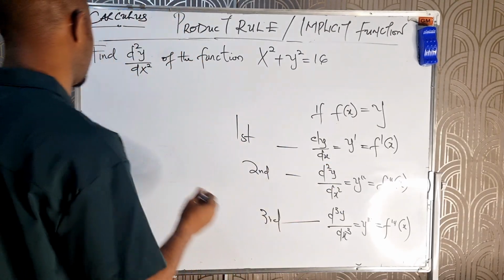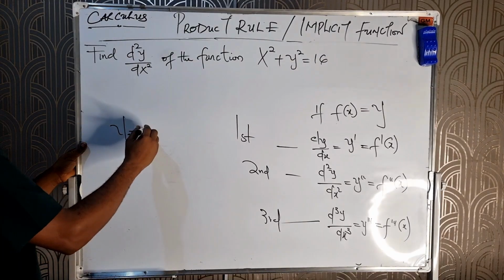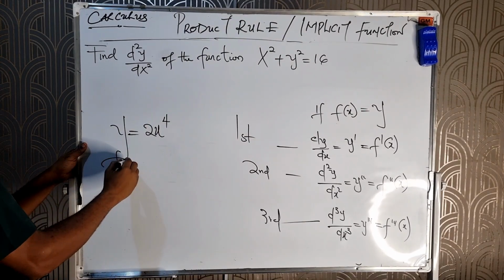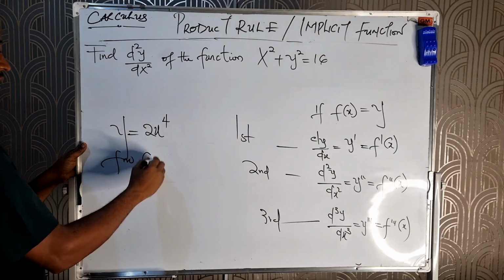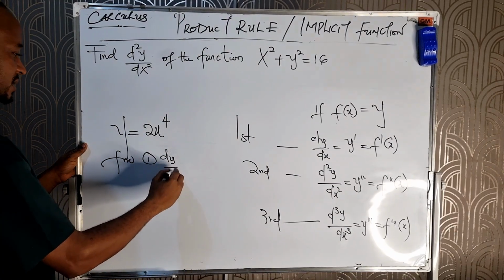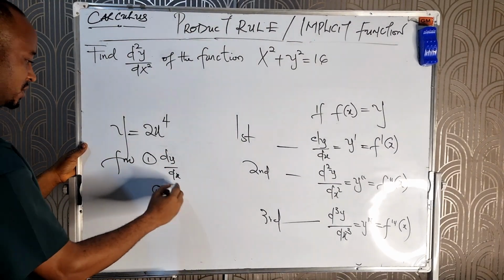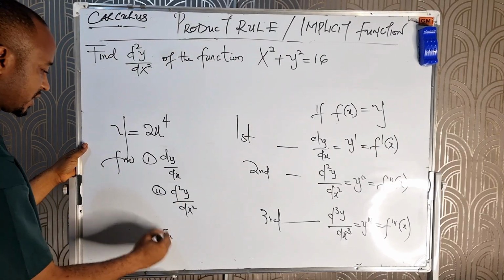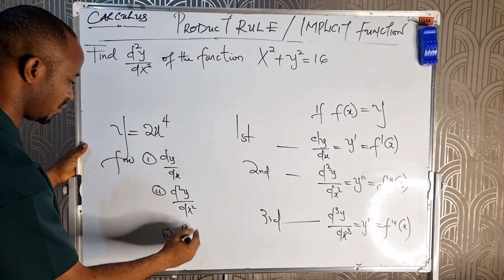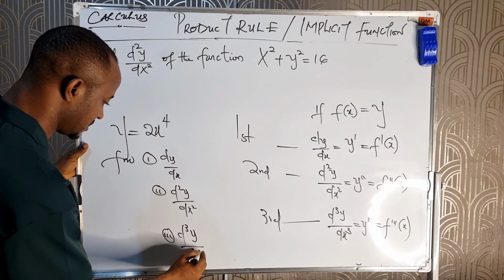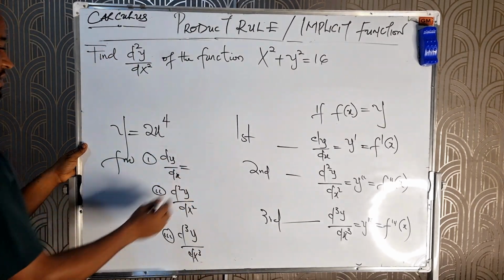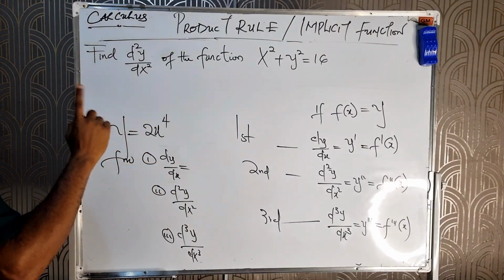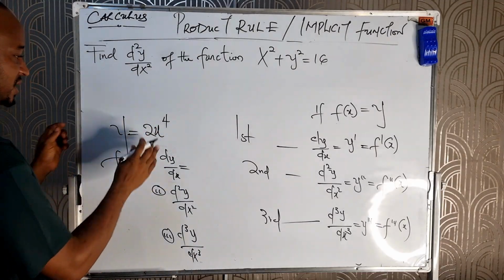For example, if I have y equals 2x to the power of 4, and we also find number 1, dy dx, number 2, d²y over dx², number 3, d³y over dx³. To find the first derivative, I differentiate this first.